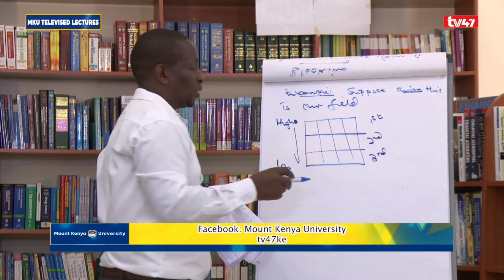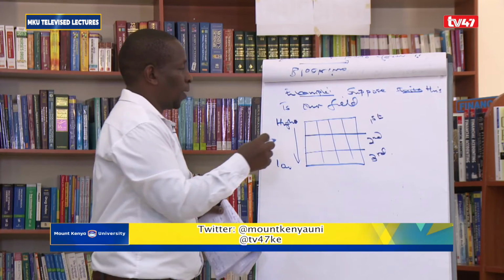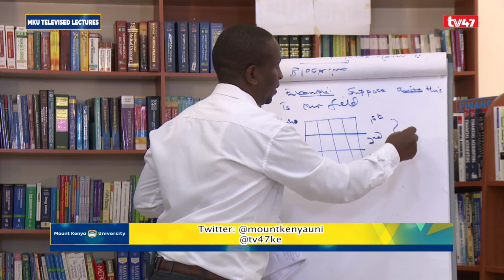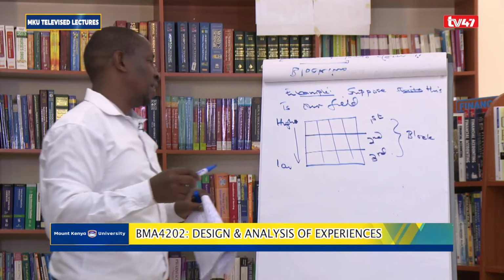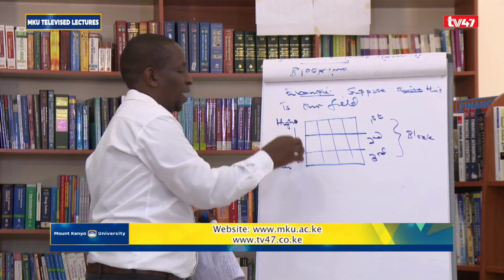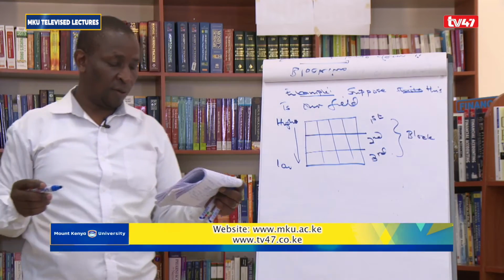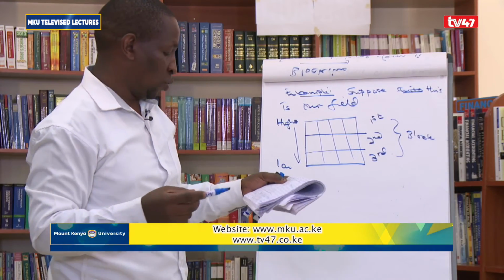So that the plots on each block experience both high and low gradient of the characteristic in question.